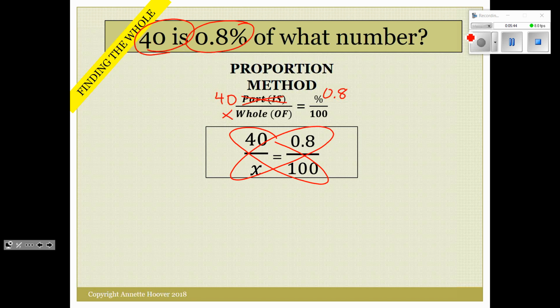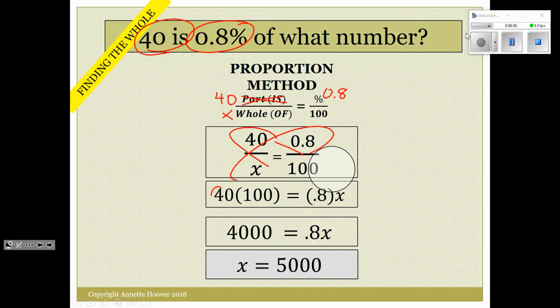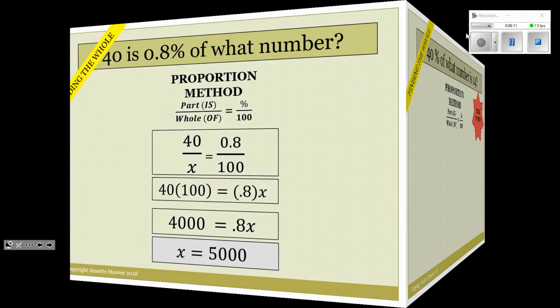The other side we have 0.8x. 40 times 100 is 4 times 10, then add 3 zeros. That would be 4,000 equals 0.8x. Now we divide both sides by 0.8, and it would be 5,000. Again, you'll want to have your calculator when you get to that point, but hopefully you're learning how to set these up. Just plugging in numbers to the right places of the proportions.